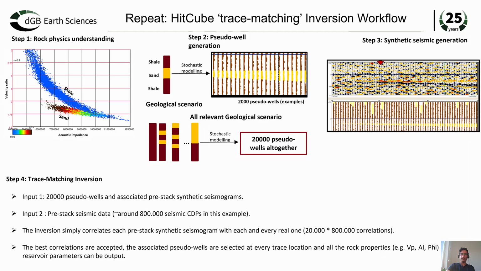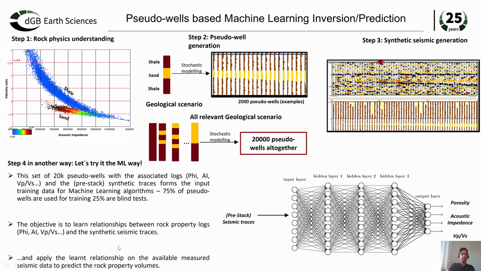So we have already generated these pseudo-well models, and now we are simply going to use this set of 20,000 pseudo-well models with their associated logs and pre-stacked synthetic traces as a training data set for machine learning algorithms. In fact, we are going to use only 75% of the pseudo-wells and keep aside the remaining 25% as blind test for our machine learning training.